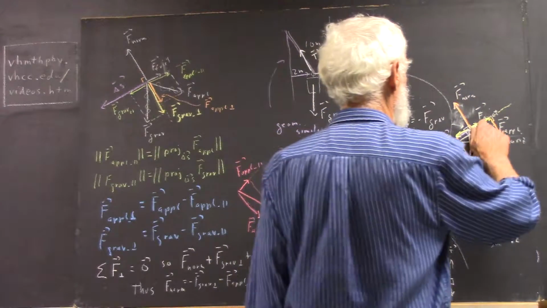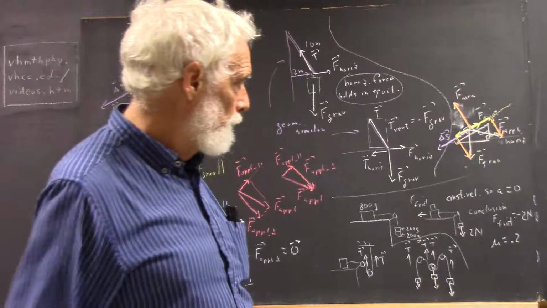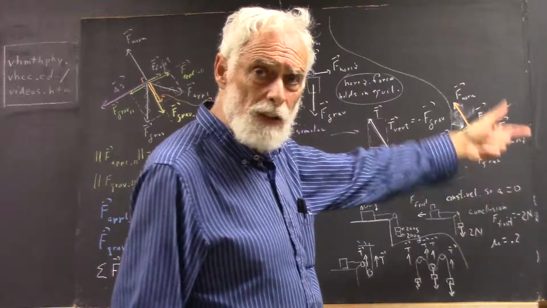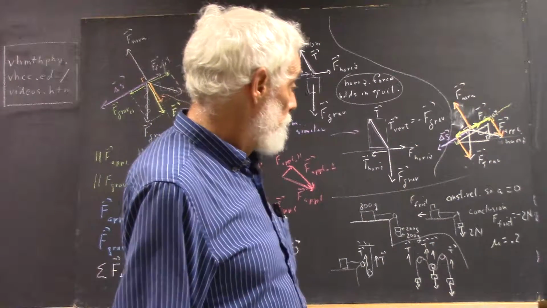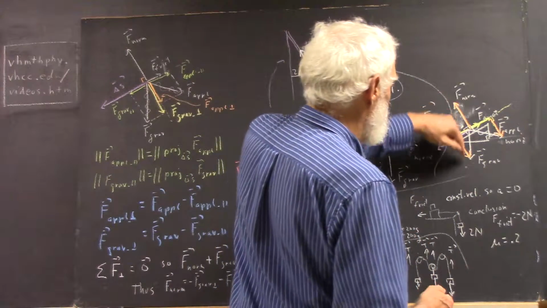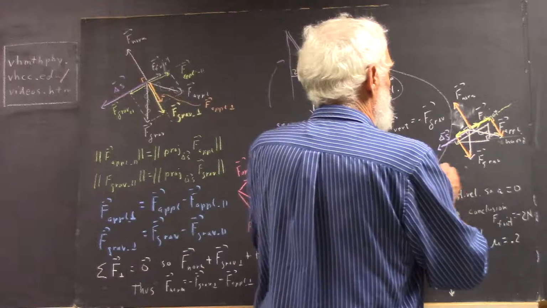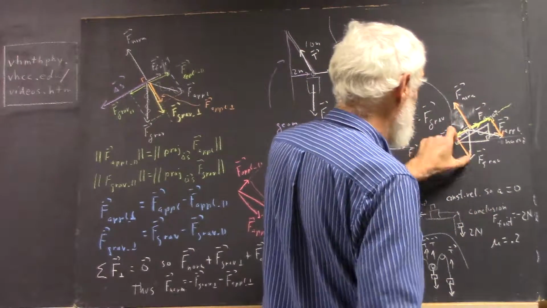So what I'm going to do is I'm going to put a little wavy line through the F applied vector to say, okay, I'm taking that out of the picture. That's not really one of our forces anymore. Okay, then we have the F grav, and it's the same thing. We've got the two components. We don't want to have F grav in there twice, but effectively we do. We have it here, and we have it for these two vectors.